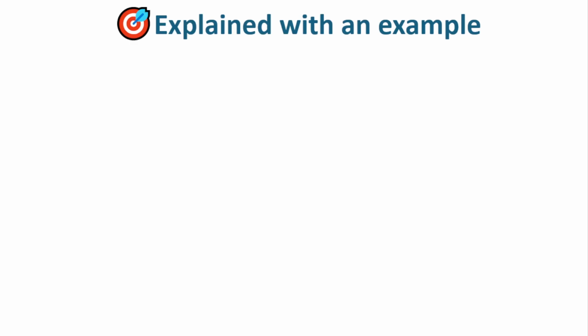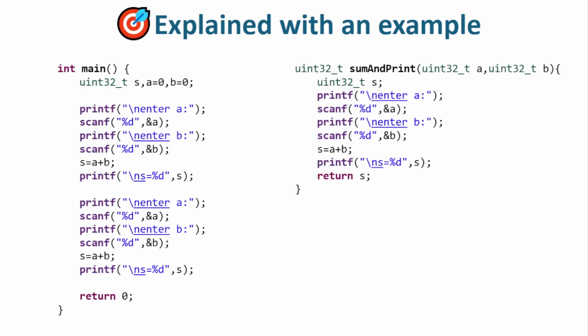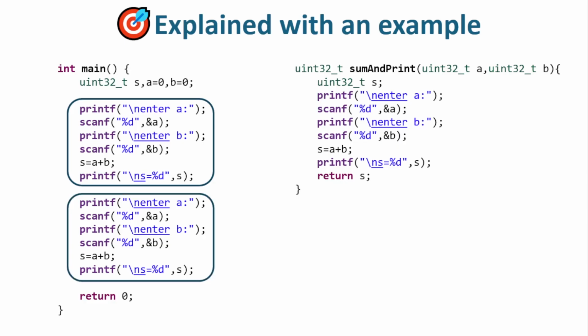In the first approach, the function is defined in the same file where the main function is located. In this example, you'll notice that the same set of instructions appears twice within the main function, an exact repetition of code.